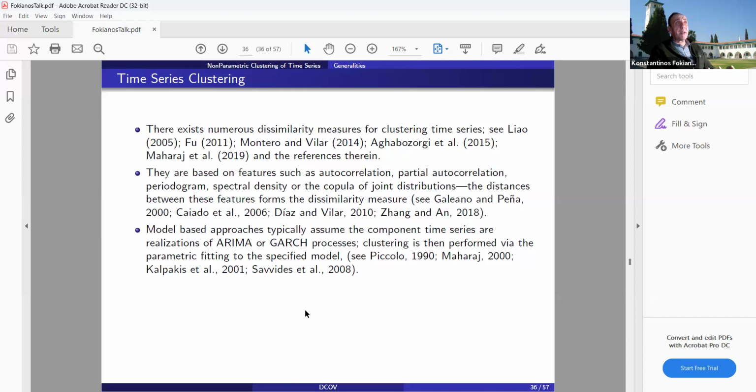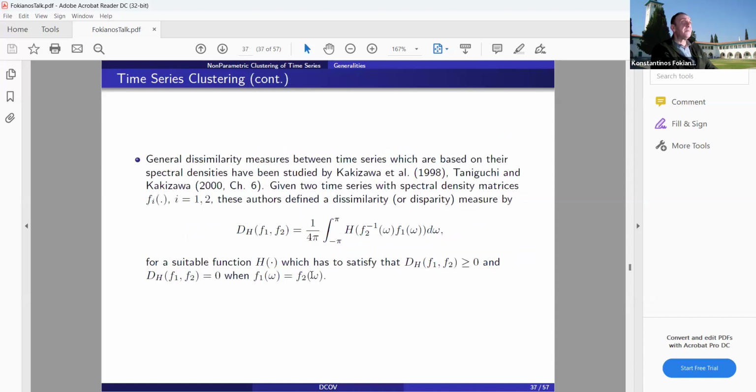And there are also model-based approaches. For example, people assume that there is a parametric process, and then they do parametric fitting, and there are also semi-parametric works. And then based on the estimators they get for the coefficients, they do some clustering. General dissimilarity measures in time series were considered early by Kakizawa et al. and Taniguchi and Kakizawa.